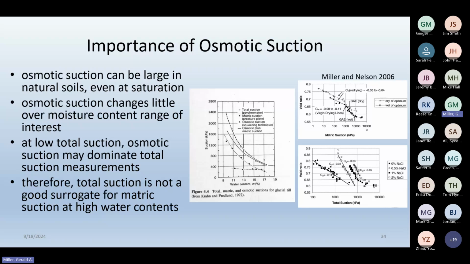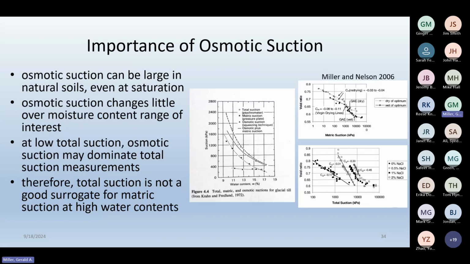These figures over here are from Nelson and Miller. And this is a really good paper that talks about the importance or lack of importance of osmotic suction on behavior. And so you got two plots, one with matrix suction, one with total suction. So these are shrinkage compression curves for soils that were compacted dry and wet of optimum at different salt contents.